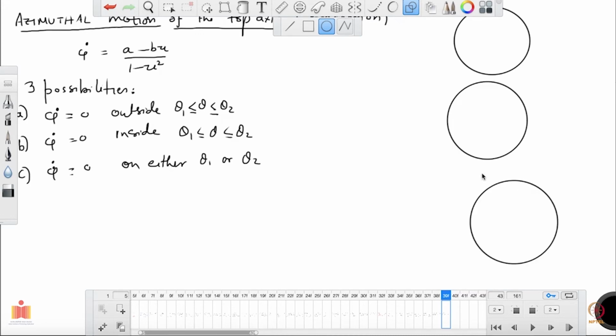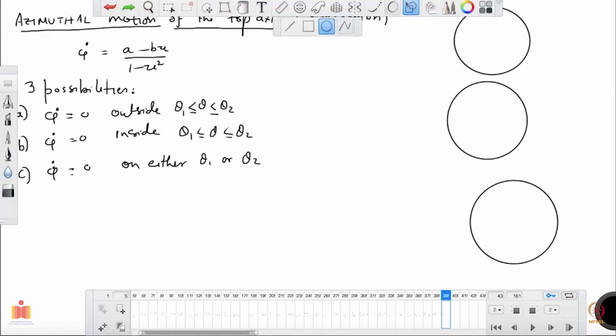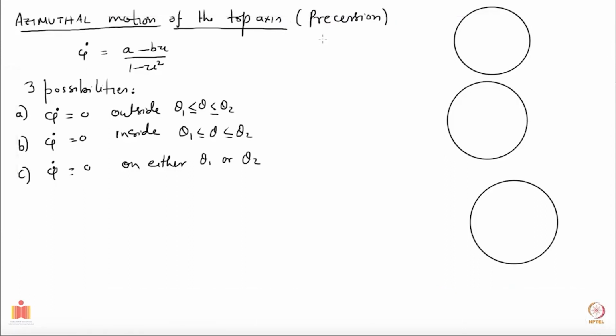Anyway, these are all the same circles, so even if they look different, we can pretend they are all the same. So let's look at possibility number 1, that phi dot is zero outside this interval.